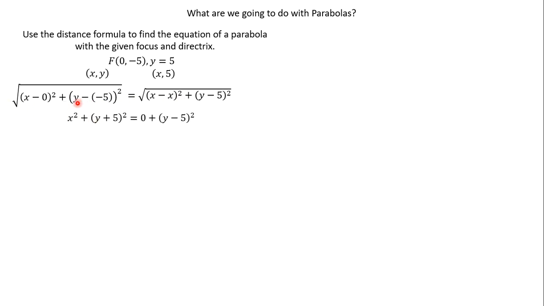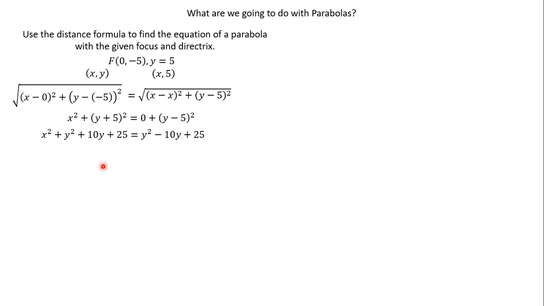They're both square roots, so we square both sides. We have x squared plus y plus 5 squared equals 0 plus y minus 5 squared. We can distribute the y plus 5 squared and y minus 5 squared. This is not y squared plus 25. We need to have that plus 10y in there, and this will have a minus 10y in there.